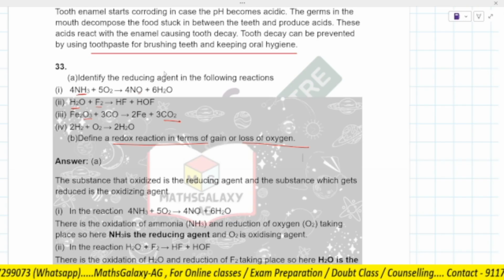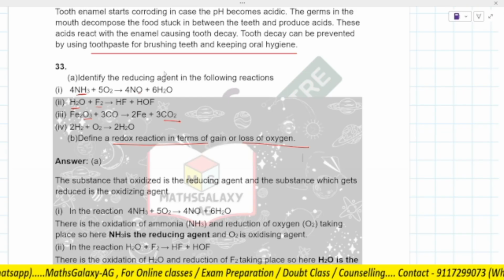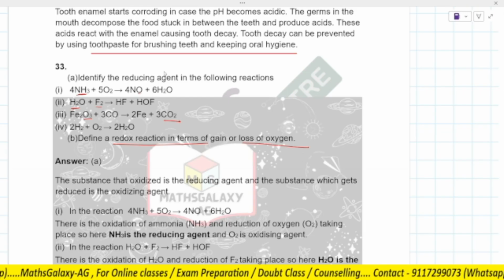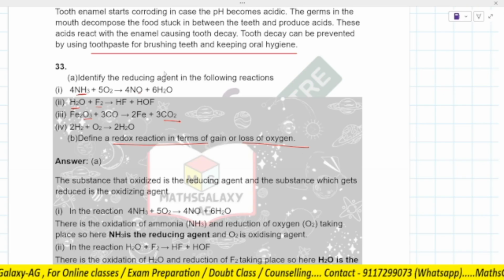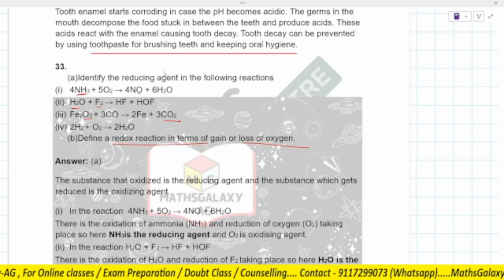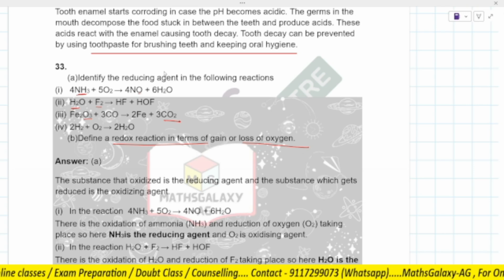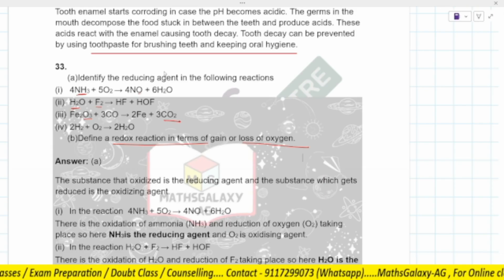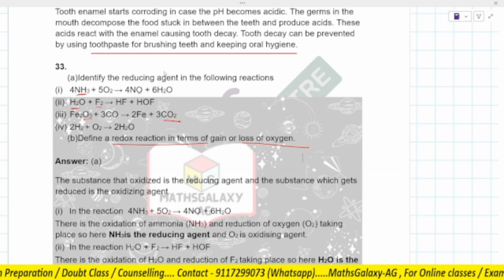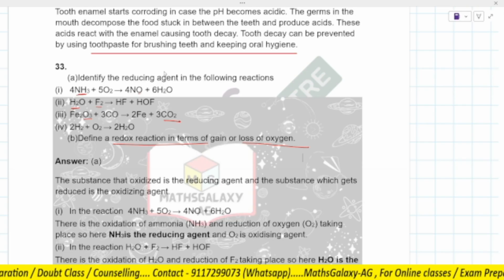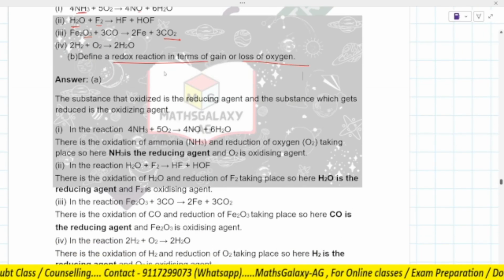The substance which gains oxygen undergoes oxidation, and it is the reducing agent. And the process where a substance loses oxygen is called reduction, and it is the oxidizing agent.